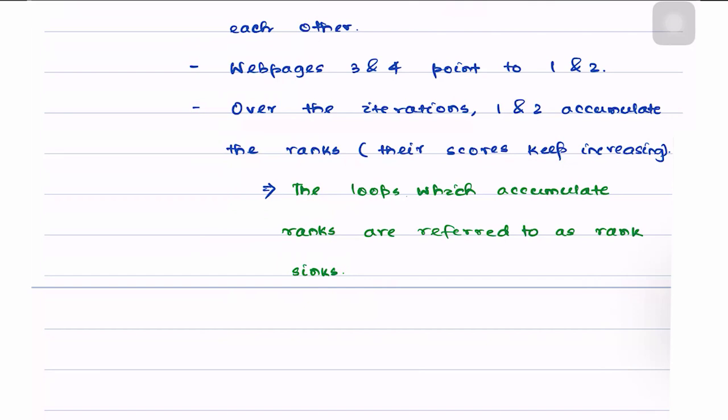So how do we incorporate this idea into the model such that we do not get rank sinks as shown here? Hence, we go to a slightly modified version of the PageRank centrality, which is implemented in the following manner.